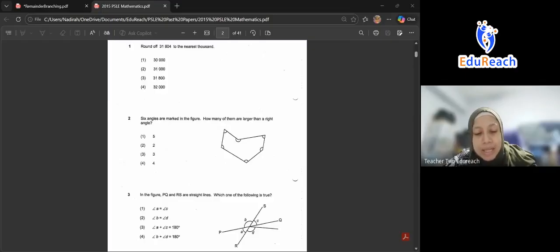How do you eliminate answers? Or how do you substitute answer? Meaning you use that option as the answer, and then you pretend that is the answer. But you ask yourself, is it logical? Is it correct? Does it work out correctly? If not, then you cancel it out. Okay.